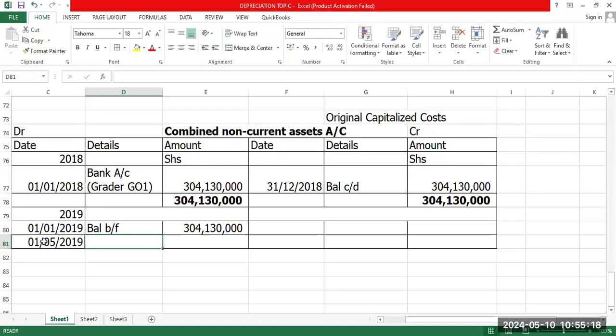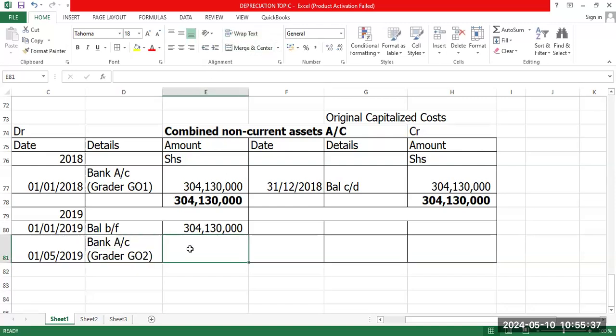Remember, you are paying using cheque, bank. So we put here bank account. Then this will be grader 2. How much? 354,450,000.